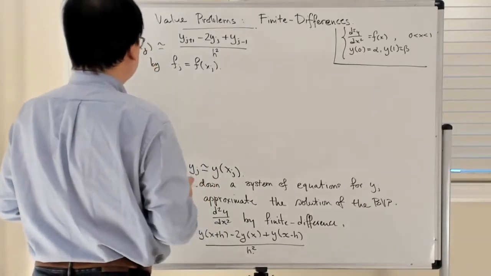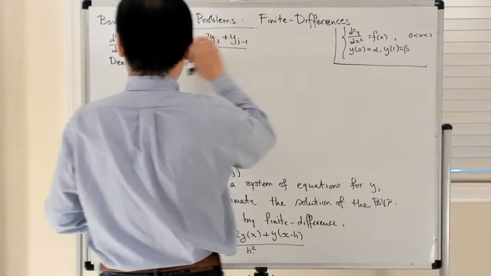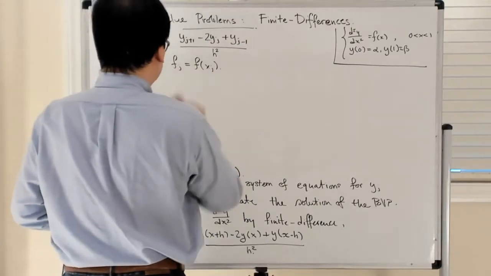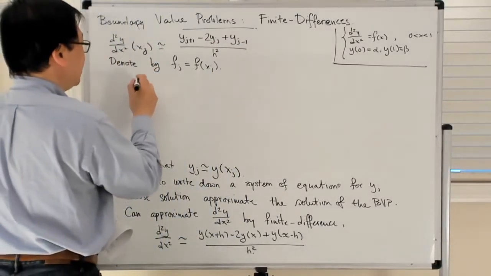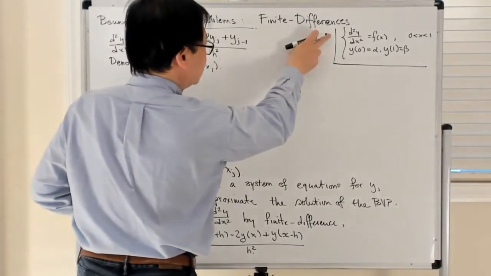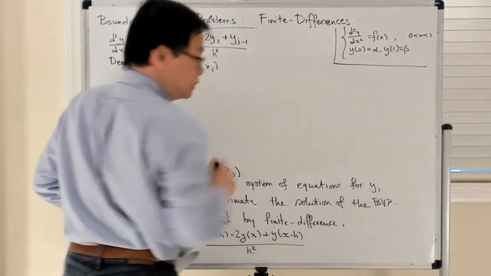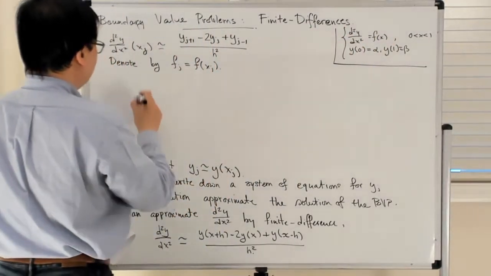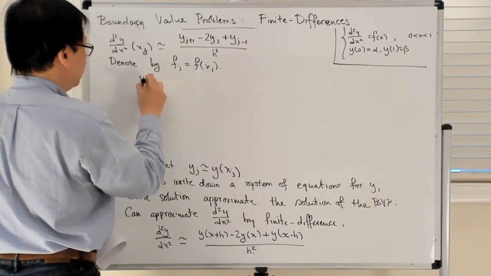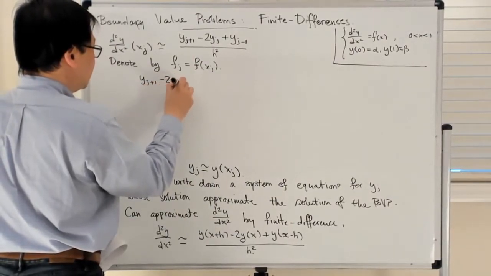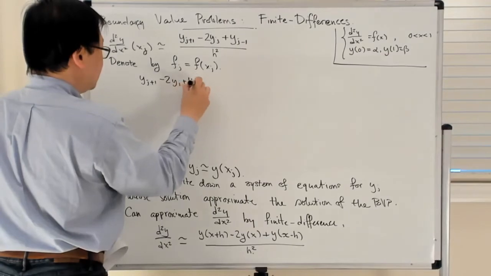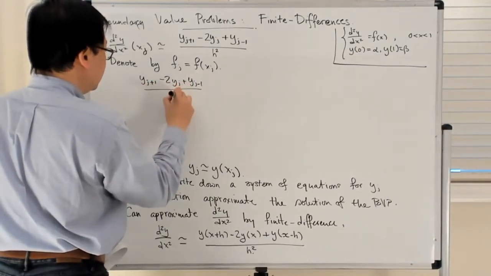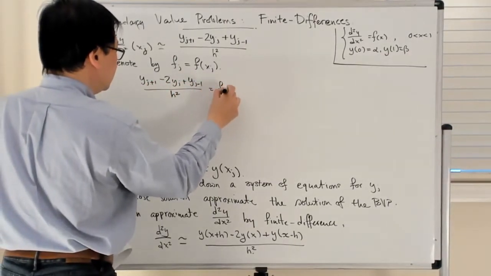So with those two things in mind, you can replace the differential equation by the following: yj plus 1 minus 2yj plus yj minus 1, over h squared, is equal to fj.